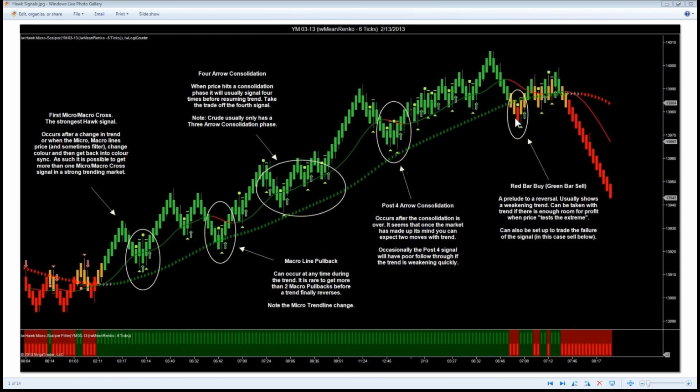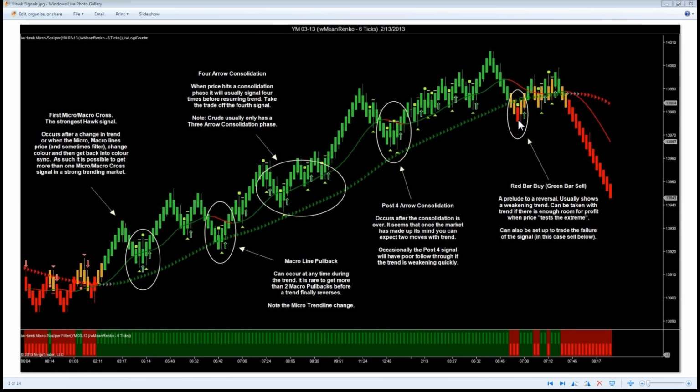And last but not least, we have our red bar buy, or its inverse counterpart, the green bar sell. These tend to be weaker. They tend to develop toward the end of the trend. Some markets, like the mid cap, that's the EMD, actually produce some pretty strong signals off of red bar buys and green bar sells.